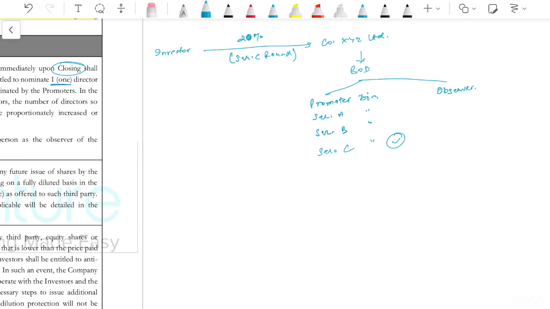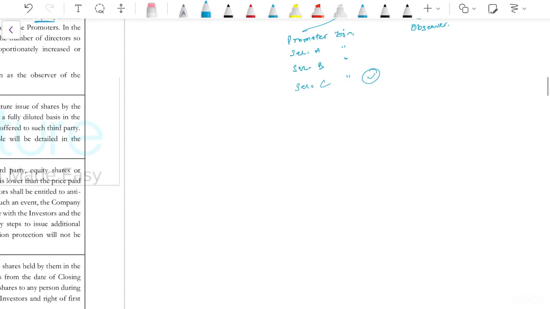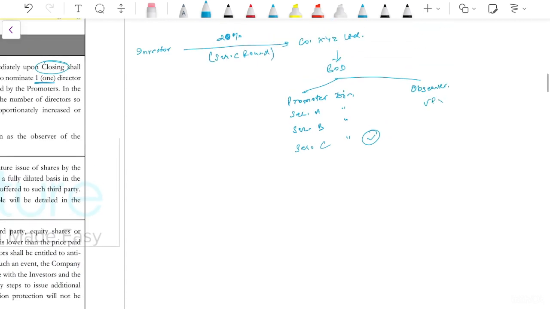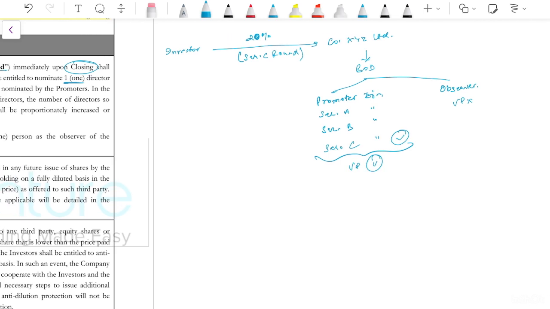An observer seat is nothing but a person who attends the board meetings but does not have a voting power in the board. These directors have a voting power, right? But an observer does not have a voting power in the board of the company. They go on and take notes of the meetings, etc. So they are more of an observer of the meeting. That's one part of it.